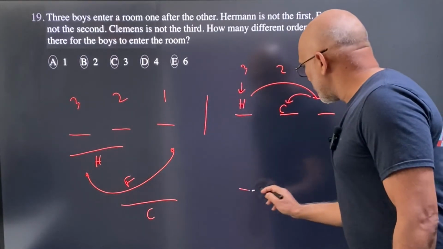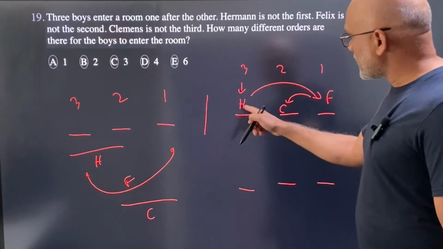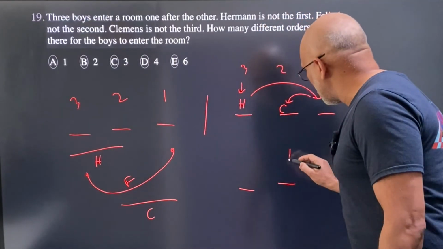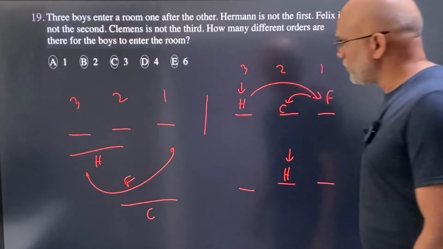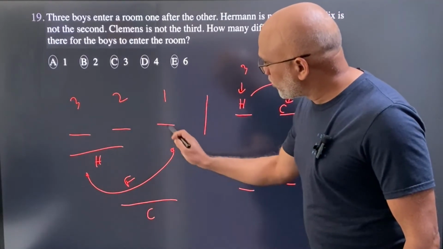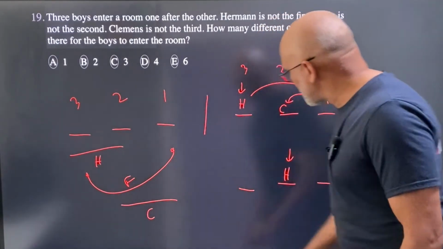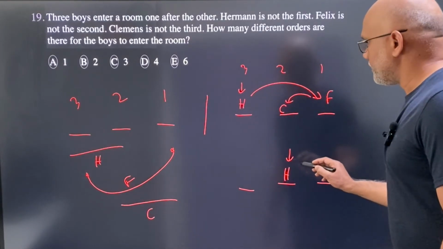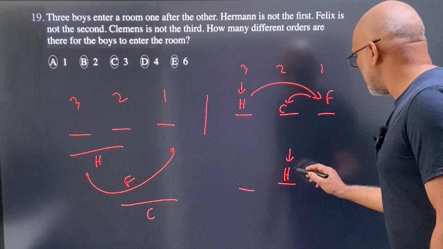The next one: I started with H being at 3, but H can be at 3 or 2, so let me start with H being at 2. If H is at 2, C can be at 2 or 1, but 2 is already occupied, so C has to be at 1, right?